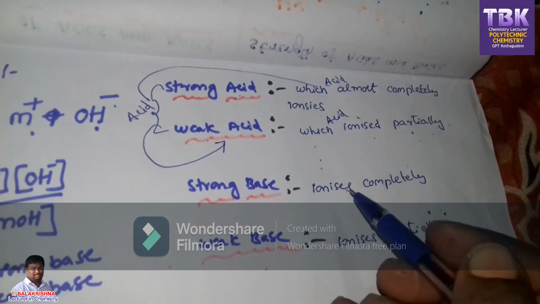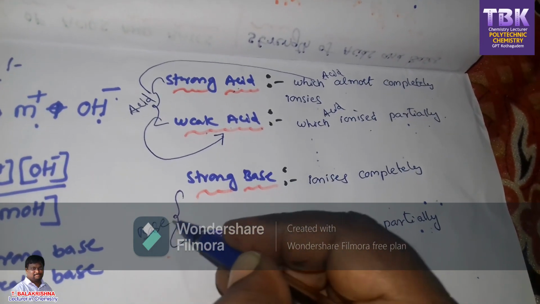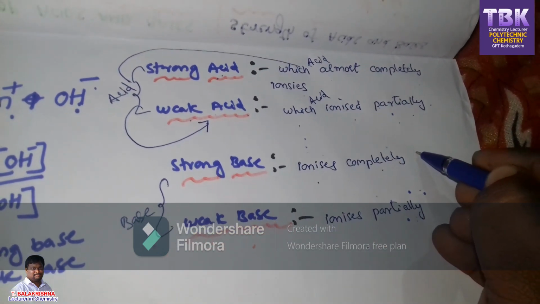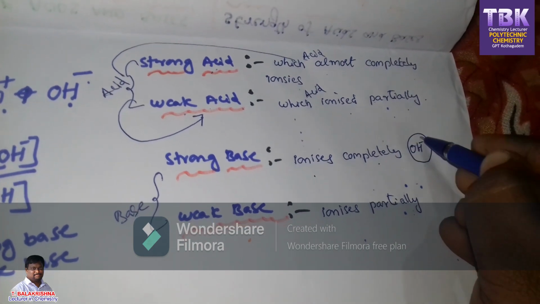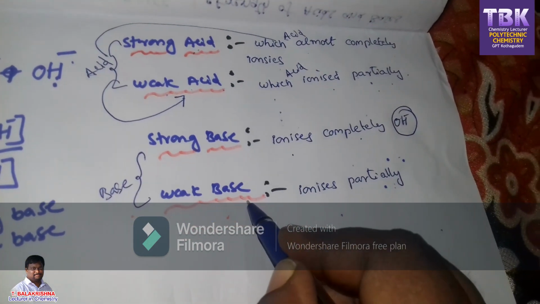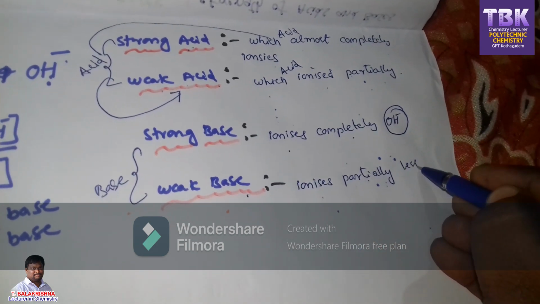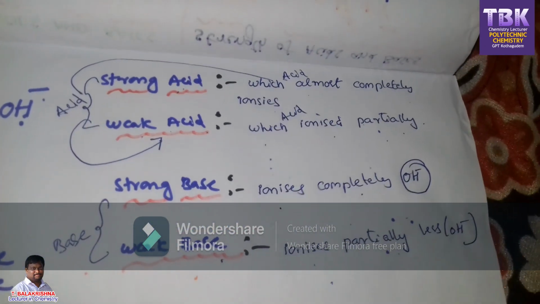Is it clear? If it is a base, the base which is completely ionized and produces more OH minus ions is called a strong base.